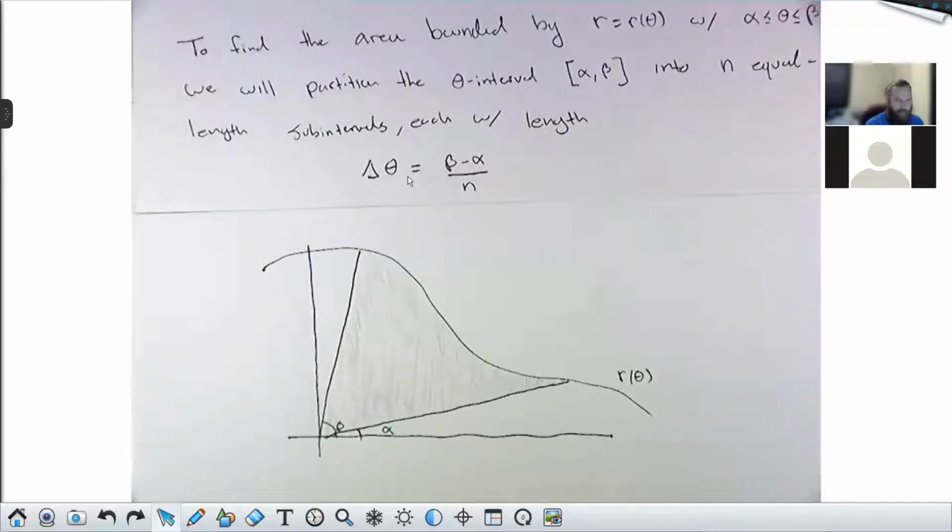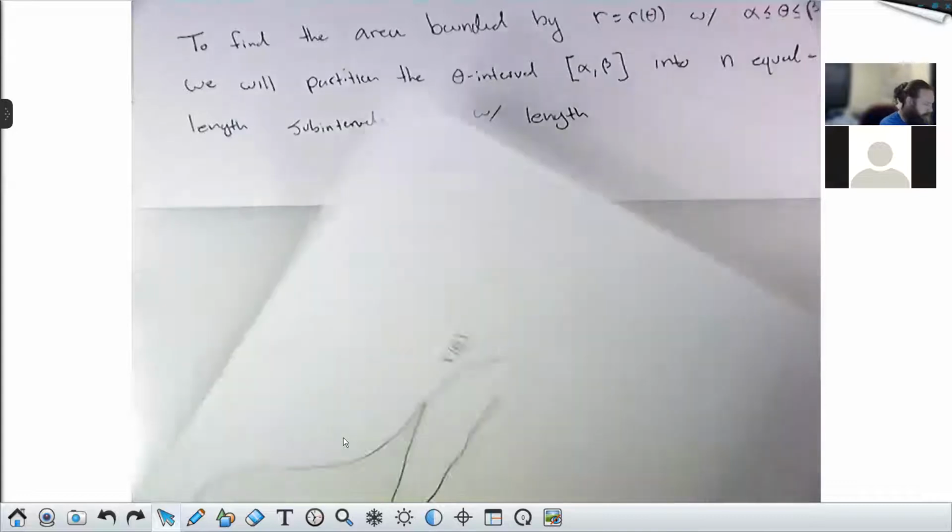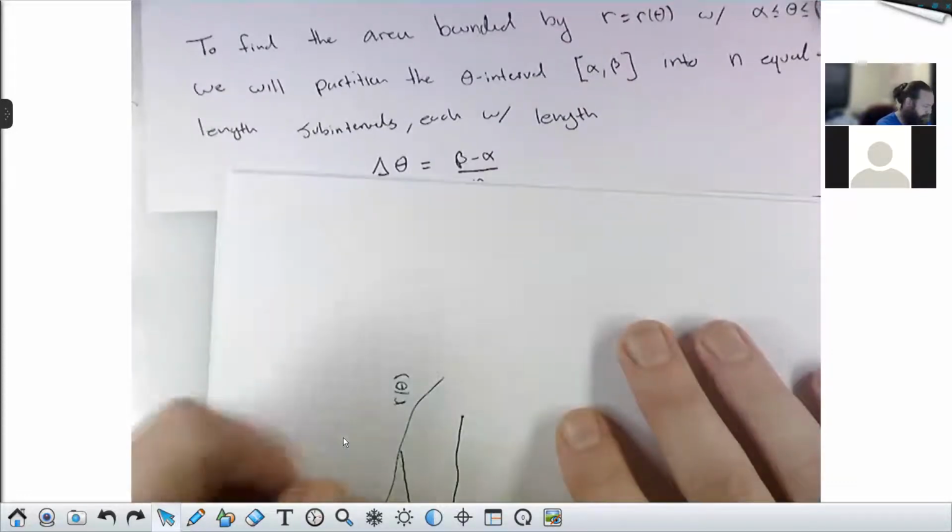Now the partition that we have here, the delta theta partition, is going to split the angle in here into n little angles, which I will attempt to draw in. I'll ask you to be patient with me because these are a little tricky.